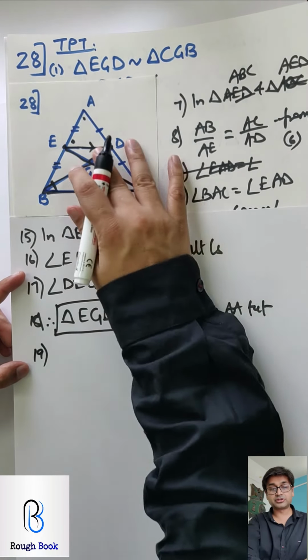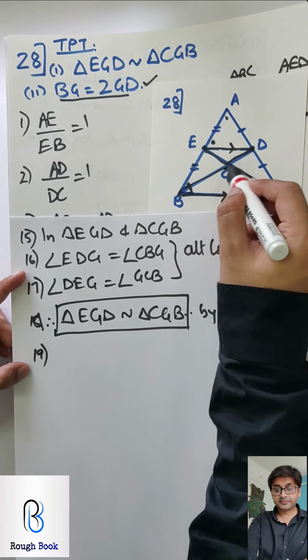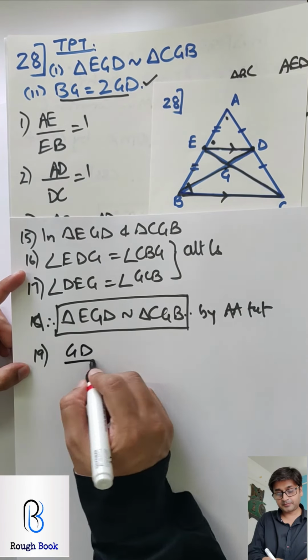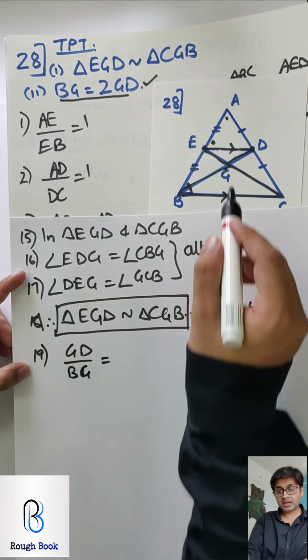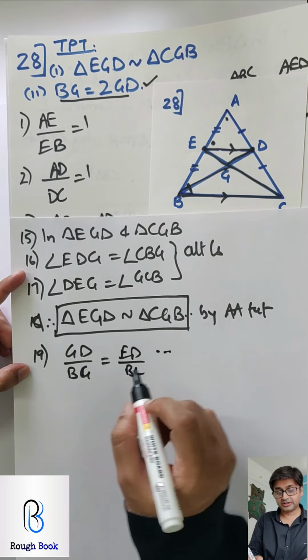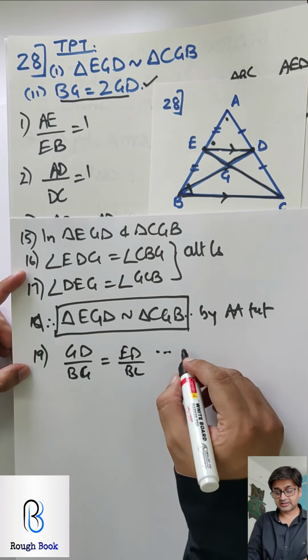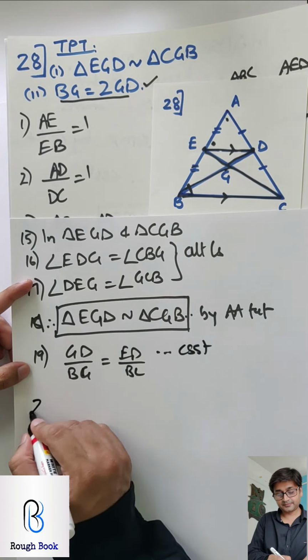And now the most important thing for this second part, okay, I will say GD upon BG equals ED upon BC. Basically from here, see, first second, first last. This is CSST.